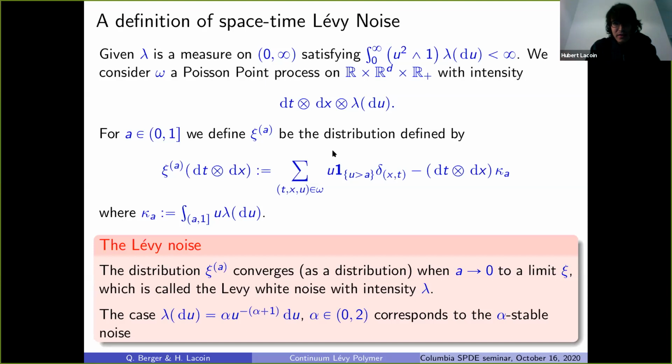You could also have negative jumps, but then you would lose this polymer interpretation, so this is not a true restriction. This is the kind of Levy noise we will work with: those that are pure jump and have only positive jumps.